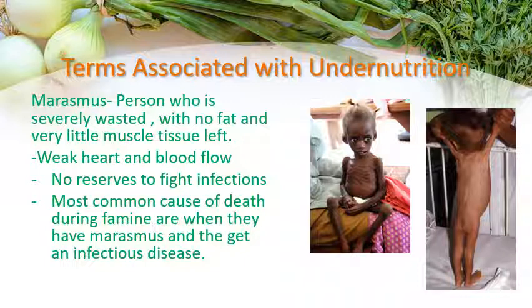They have a very weak heart and low blood flow. They have no reserves to fight infection. This is the most common cause of death during famine. And when they have marasmus and then they get an infectious disease such as malaria, that will then cause death.